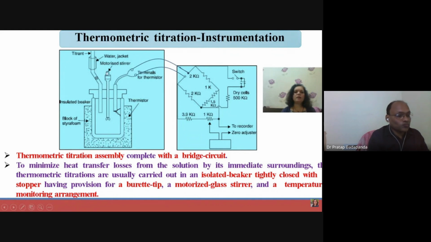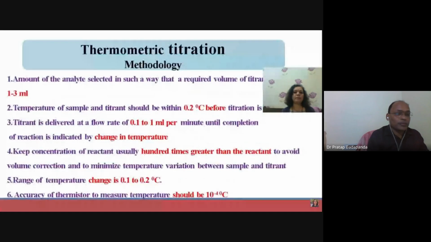This is a motor driven stirrer, where mixing the solution of analyte and titrant is possible, and this particular thermistor or thermocouple is attached to a Wheatstone bridge network, which is very sensitive and can measure a temperature difference of 0.1, 0.2 degrees Celsius during the reaction process.